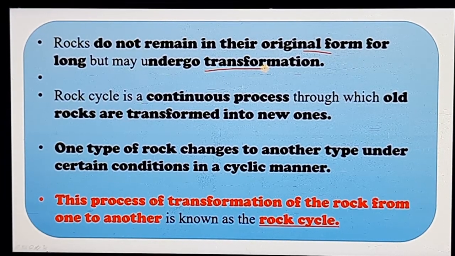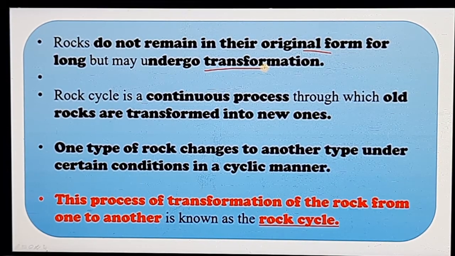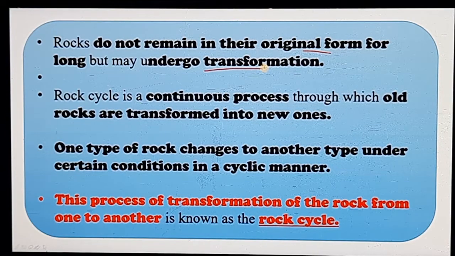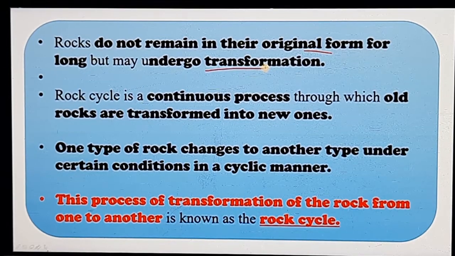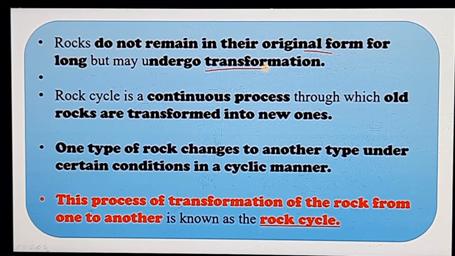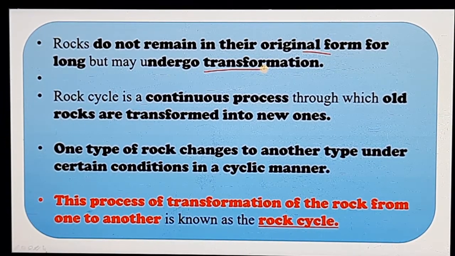जो आपकी old rocks है वो किस में transformed होती है? New one में. So this process of transformation of the rock from one to another, like old rocks are transformed into new ones, is known as the rock cycle.